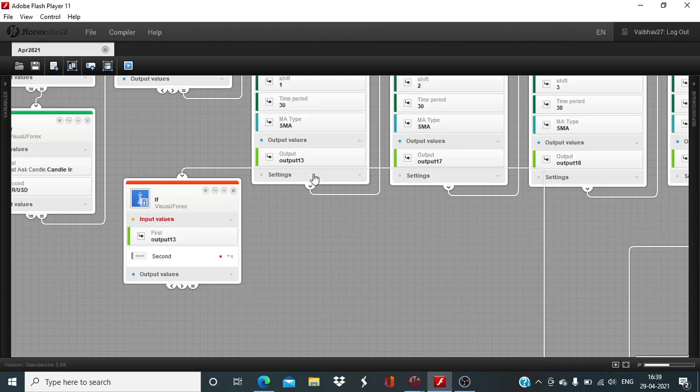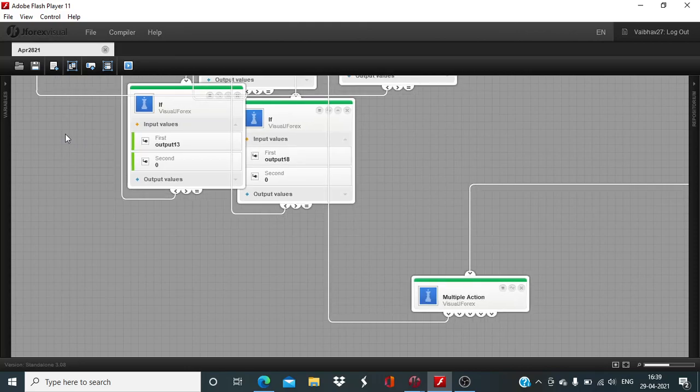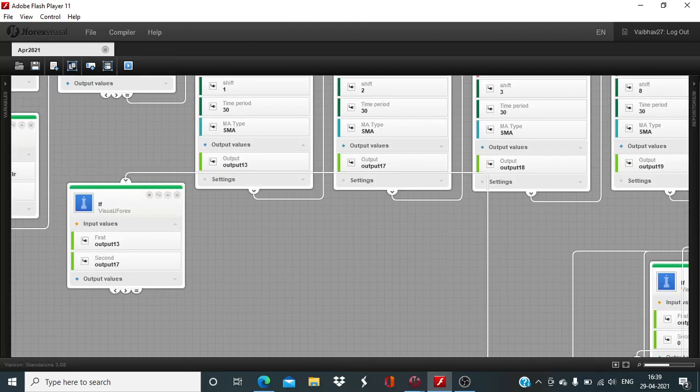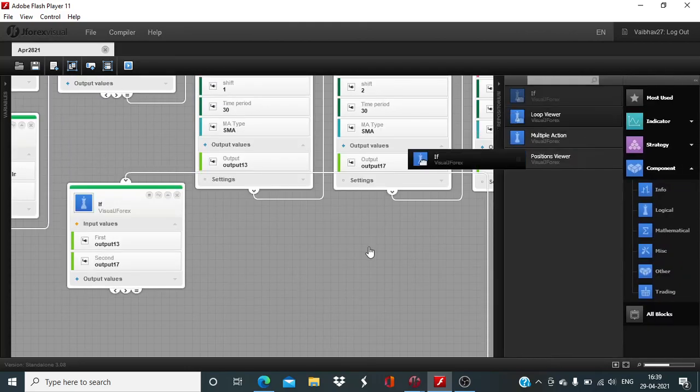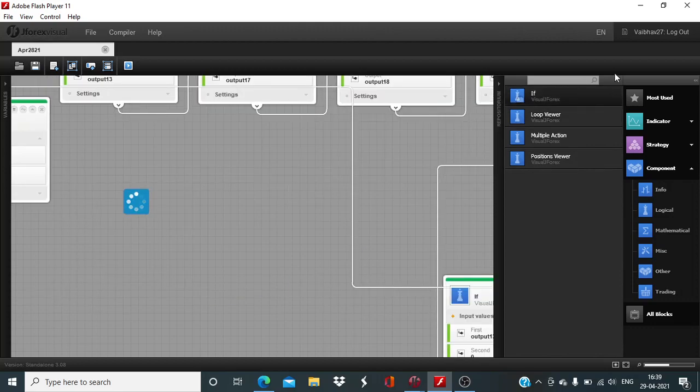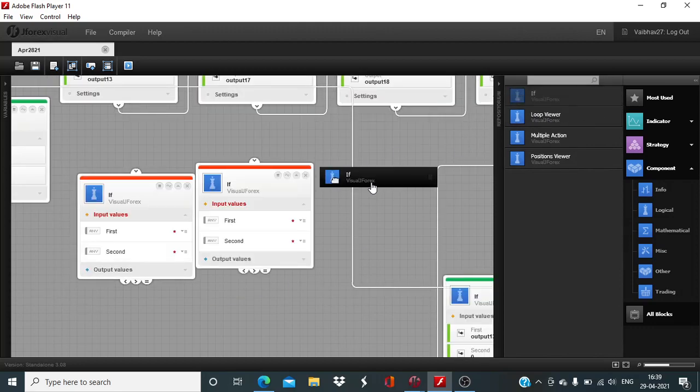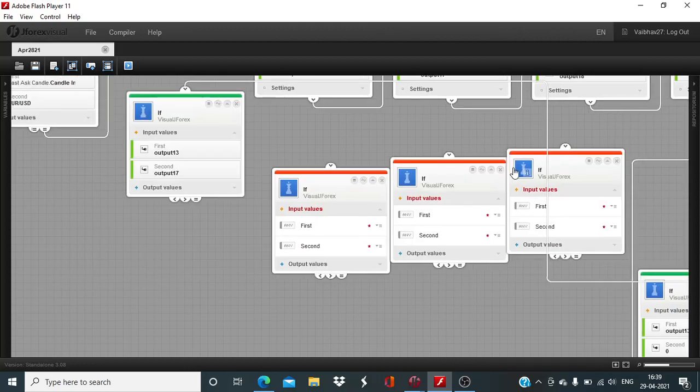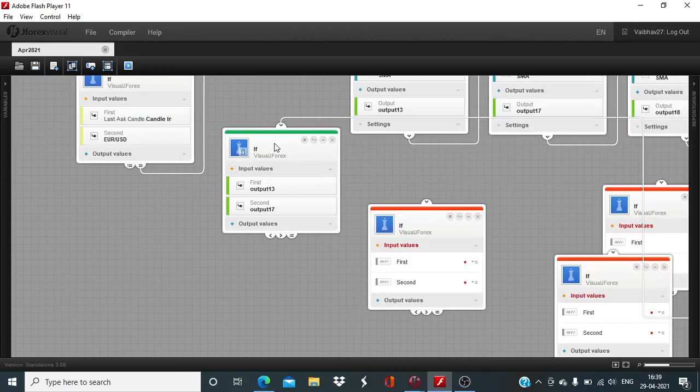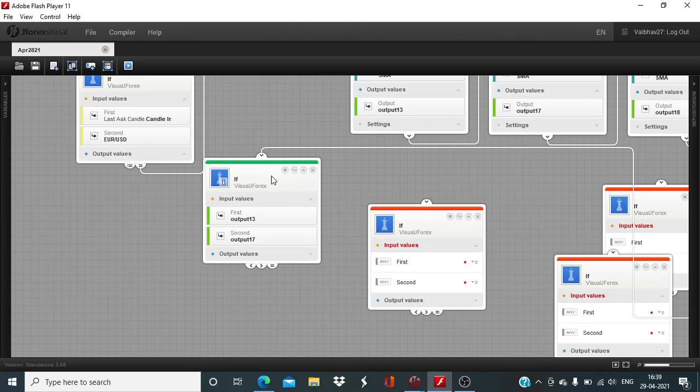So first we will compare this to, I will have to take a couple of blocks more. First input less than, no, not this time.